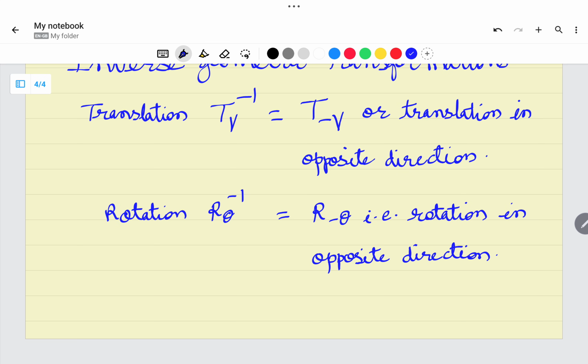And scaling inverse, denoted by Sx comma Sy inverse, is S 1 upon Sx comma 1 upon Sy.